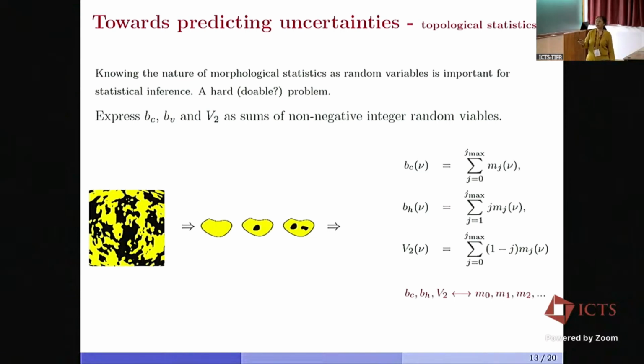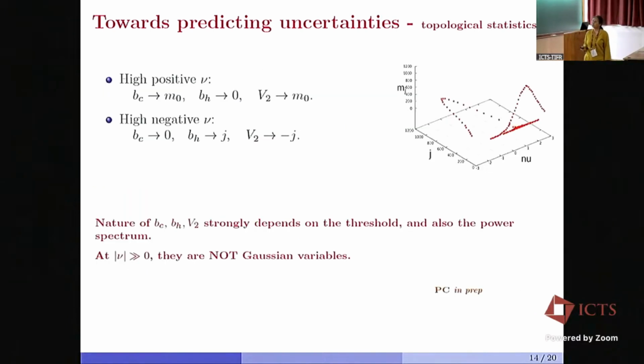And we can write down the expressions for the Betti numbers and the Euler characteristic in this form. So I have transferred my ignorance of the statistics of these variables into now these counts, M0, M1, M2, etc. What can we do with that?